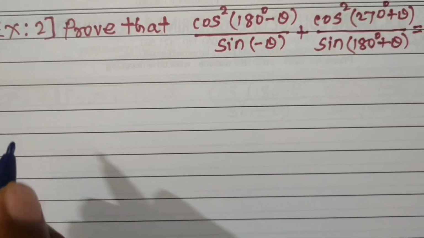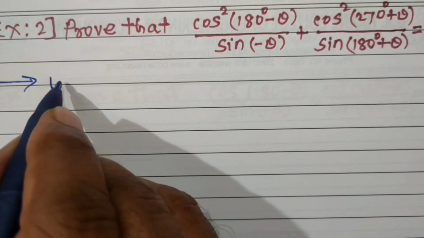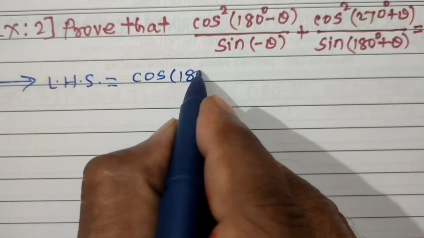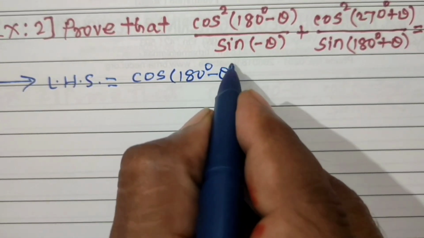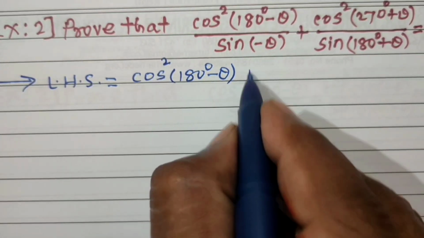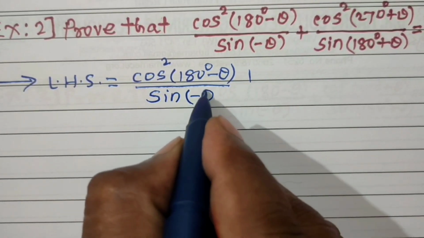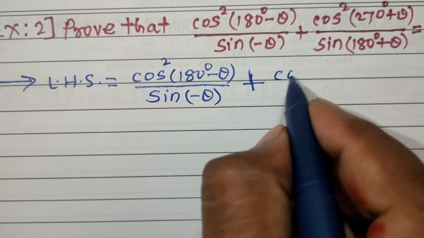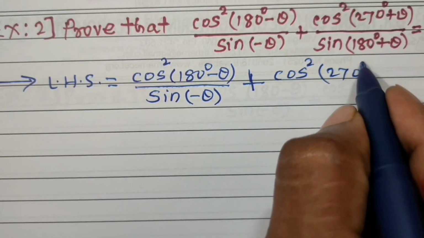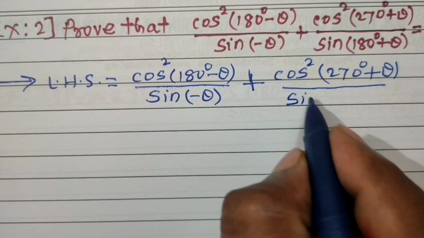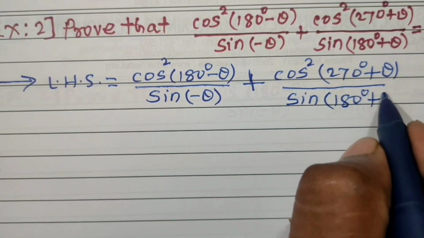Let us take LHS. LHS is equal to cos square of (180 degree minus theta) divided by sin of minus theta, plus cos square of (270 degree plus theta) divided by sin of (180 degree plus theta).